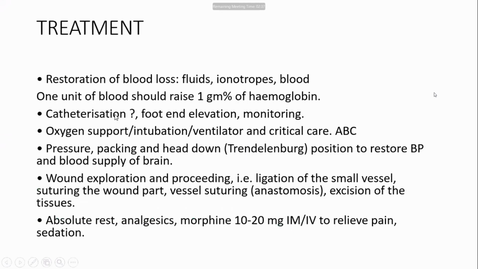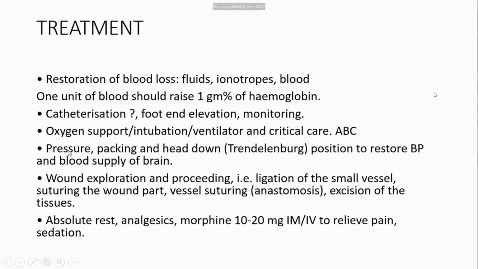Treatment is you have to restore the blood. You can give fluid, inotropes. Sometimes blood is needed. 1 unit of blood is likely to raise 1 gram% of hemoglobin. Catheterization to look into whether the patient is in shock or not, so that we give the fluid accordingly. Oxygen support, maybe intubation, ventilation, because the patient is in shock and we have to give renal support, oxygen support.